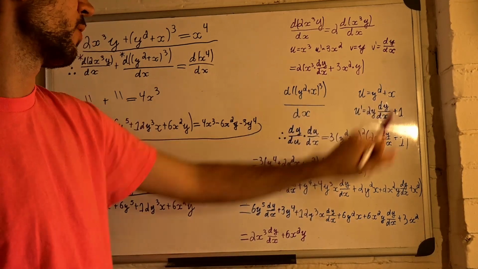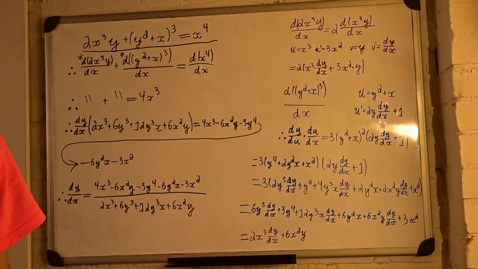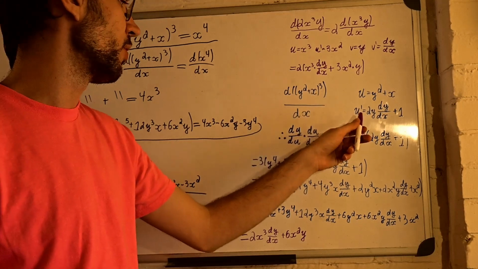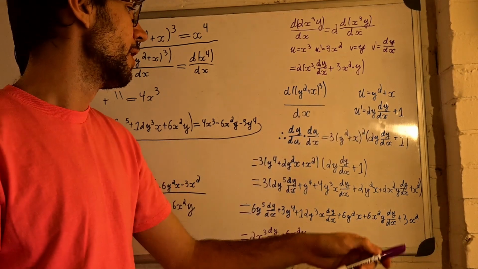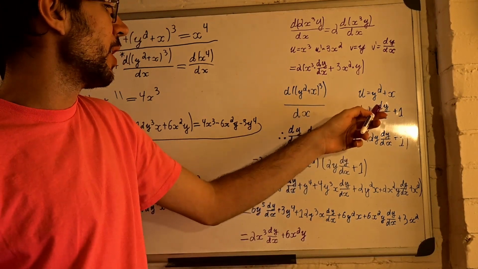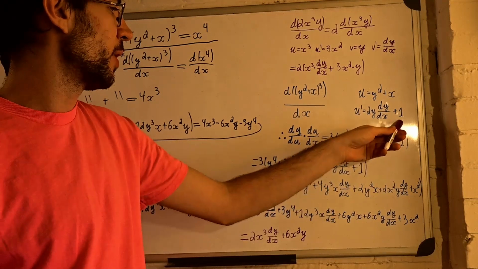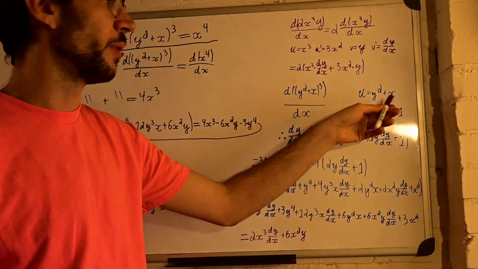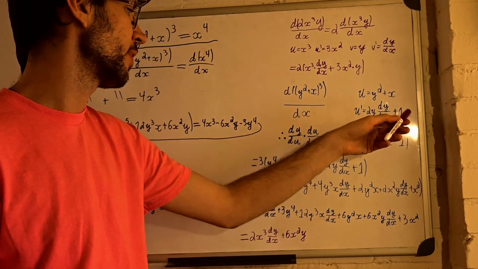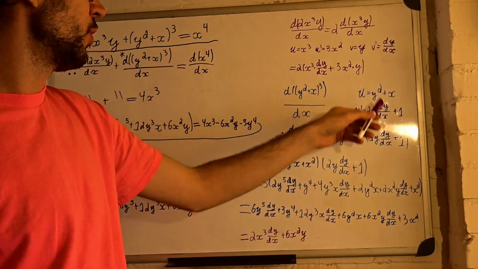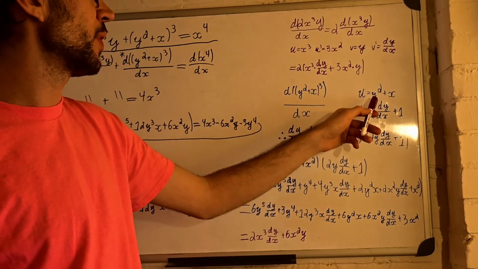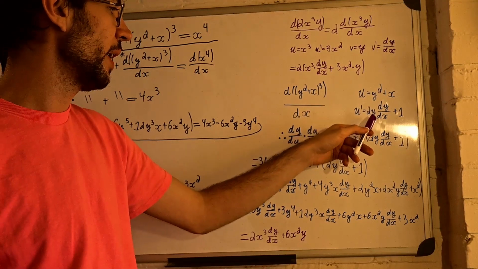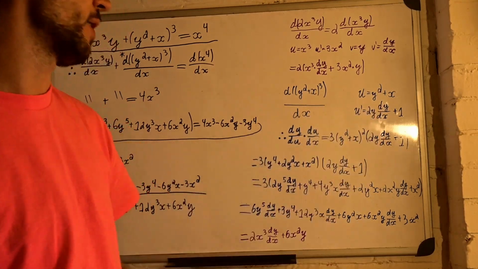We have u equals y squared plus x. And then we're going to find u prime. The derivative of u is 2y times dy over dx plus 1. The plus 1 is straightforward, the derivative of x is 1. The derivative of y squared is equal to 2y times dy over dx.